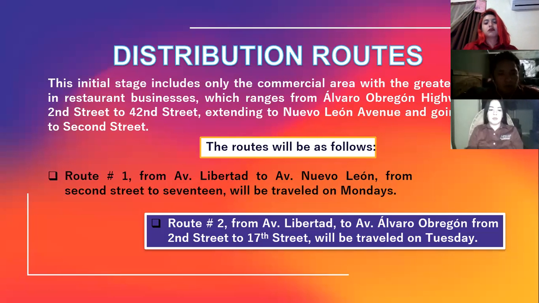Route 1, from Libertad Avenue to Nuevo León Avenue, from 2nd Street to 17th, will be traveled on Mondays. Route 2, from Libertad Avenue to Álvaro Obregón Avenue, from 2nd Street to 17th Street, will be traveled on Tuesdays.